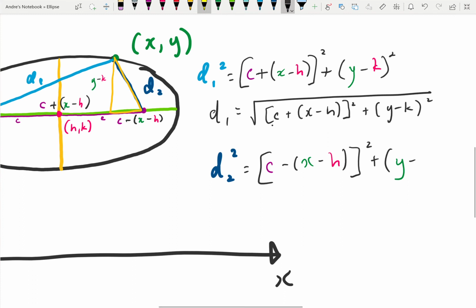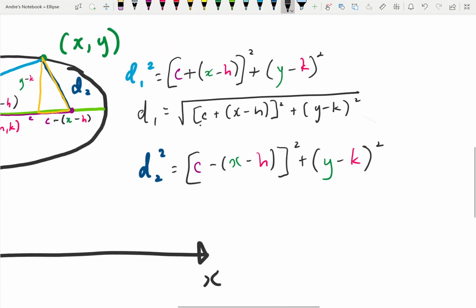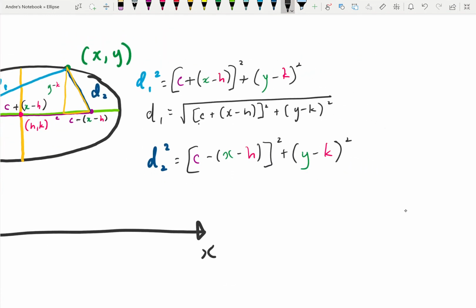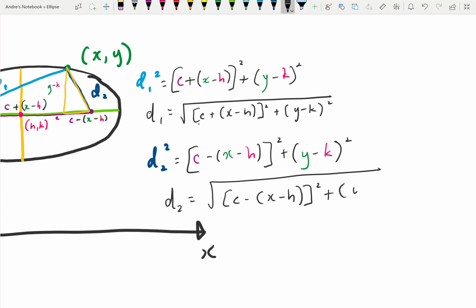And same thing here, we could transpose for d2 by taking the square roots of both sides to see that d2 is equal to the root of (c minus (x minus h)) whole squared plus (y minus k) squared.